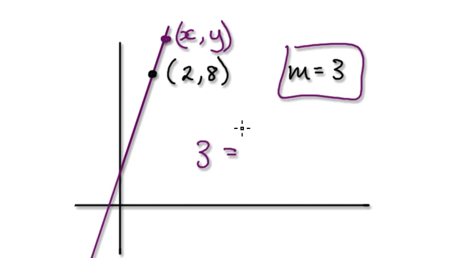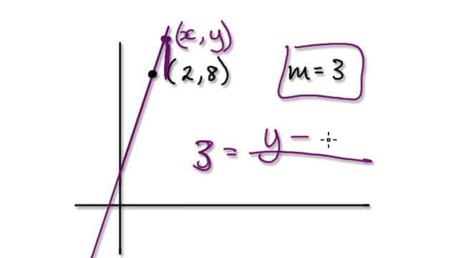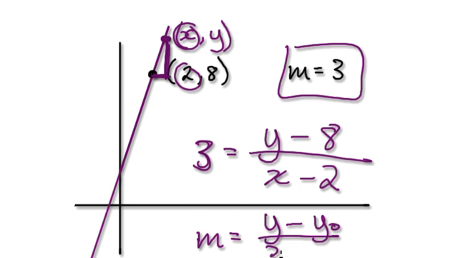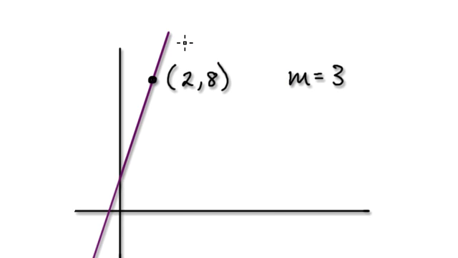So you would say the gradient is 3, and the gradient would be the up and down, which would be y take away 8, divided by the across here, which would be x take away 2. So you see, this is in a way like m equals y take away y0 divided by x take away x0. The reason why it works is up here.